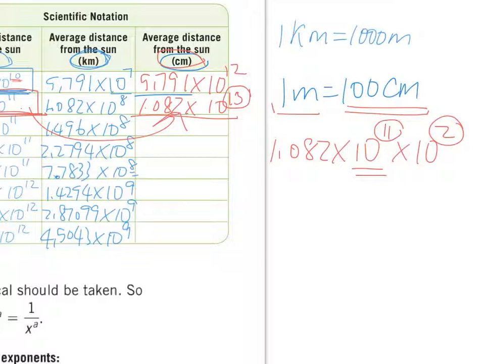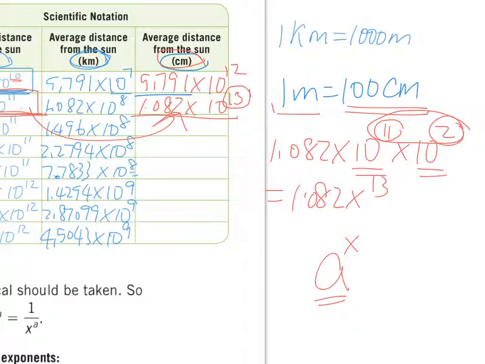But that's because you have the same base. 10 is called the base. So we have 1.082 times 10 to the 13th power. And that is the point of what we're trying to indicate in exponent work. In any given exponent form, say 8 to the x, this 8 is called the base, and the x is called the exponent. Those are just the terms.